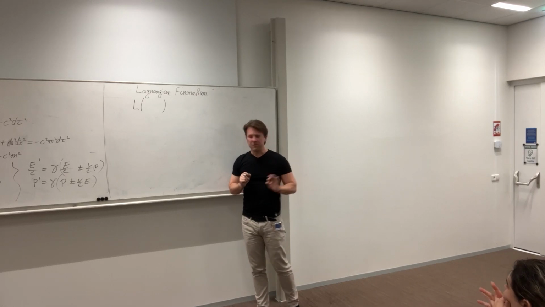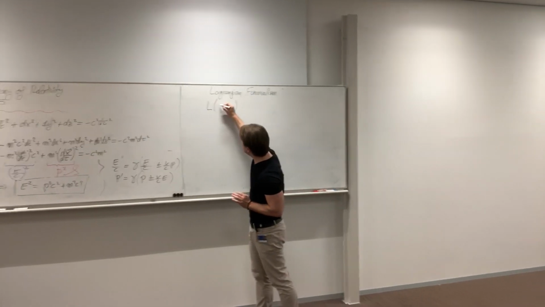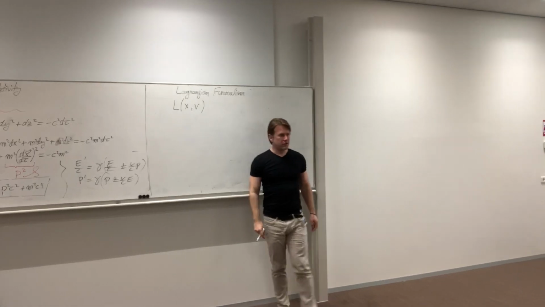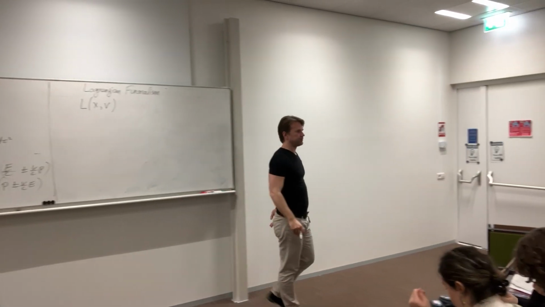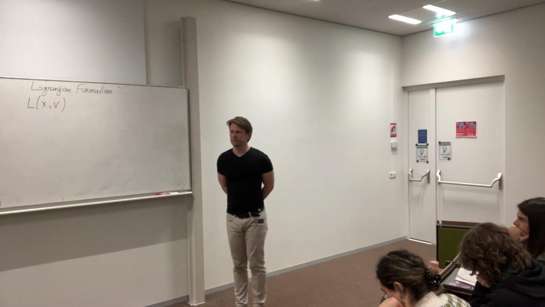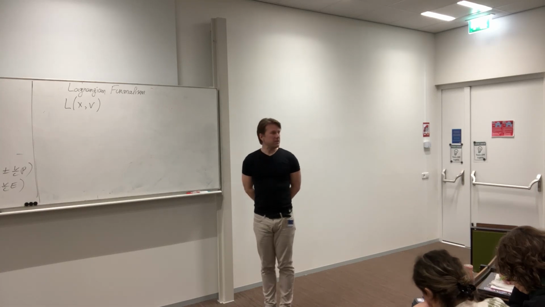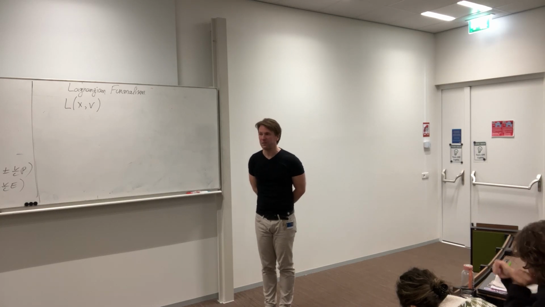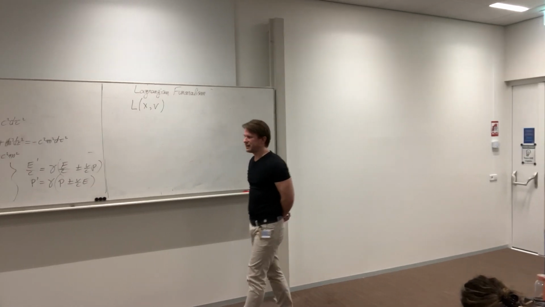I'm going to specify now for the special case that you have a piece of physics where one can identify the position and velocity of particles. So me writing down this function, the Lagrangian of x and v, means I'm looking at a part of physics where particle positions and velocities can be identified.